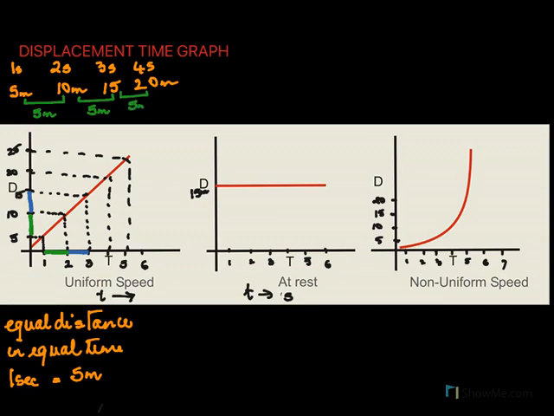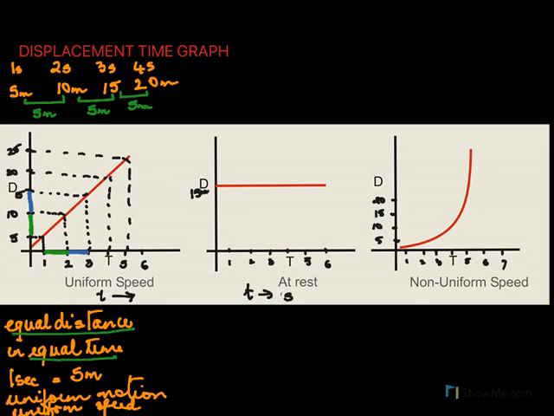So it has again moved 5 meters. Means for equal time, it covers equal distance. And yesterday we learned such motion is called uniform motion, and the object is moving with a constant speed.